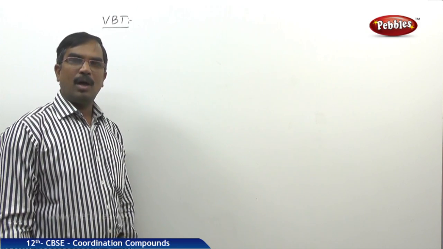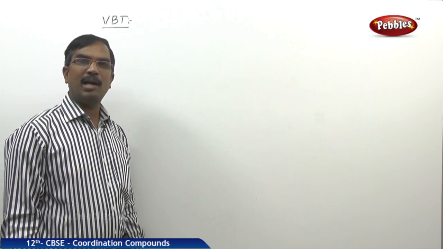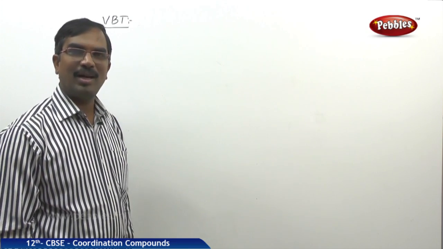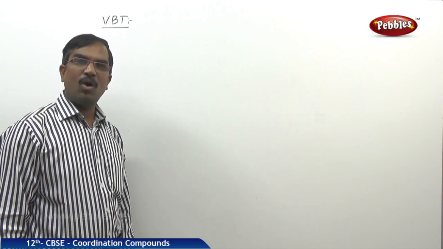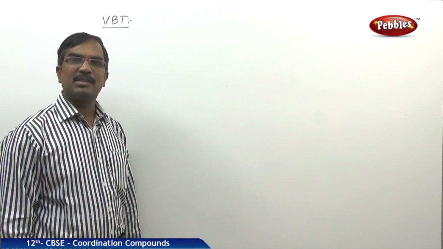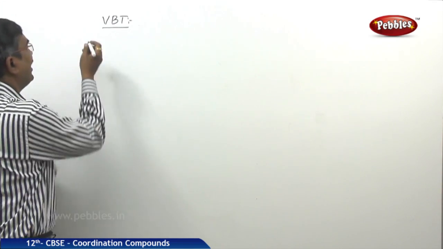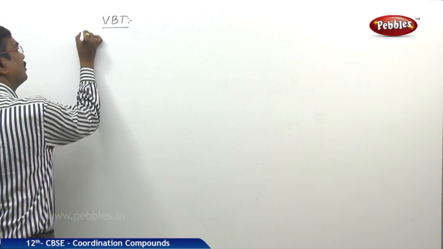Now let us see how octahedral complexes are formed. In octahedral complexes the coordination number is 6, or the number of ligands surrounding the central metal atom is 6.